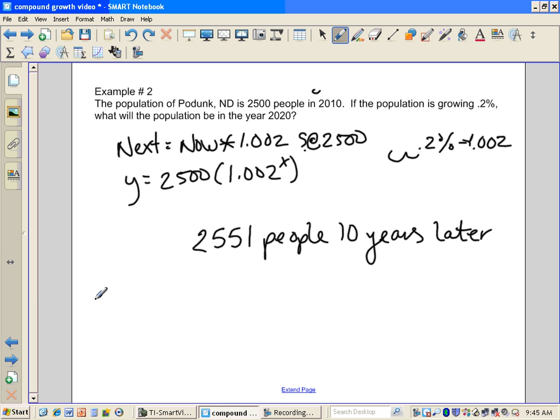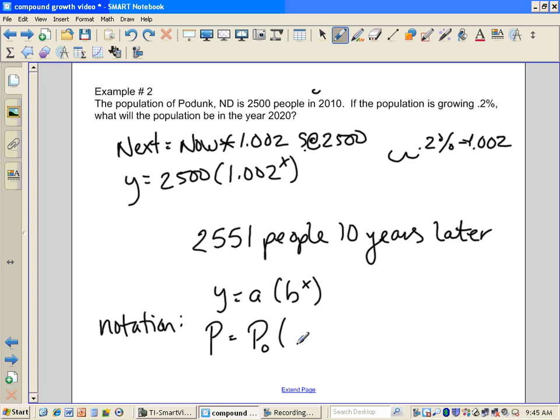Just to give you another little bit of notation, sometimes rather than using our traditional y equals a times b to the x power, people like to use a format: the population is equal to the initial population, P sub 0, times the rate to the number of years t.